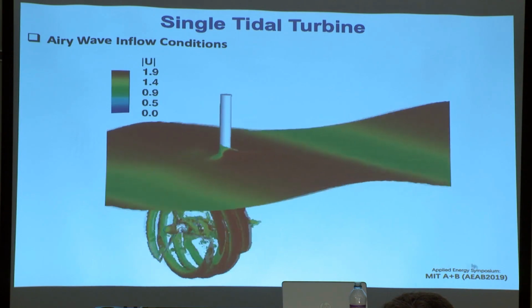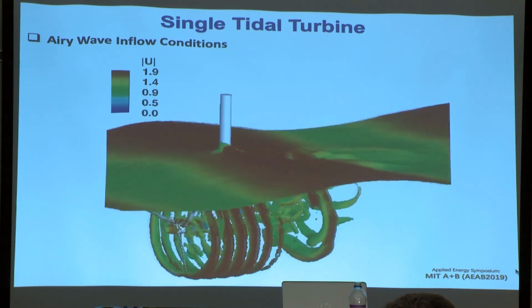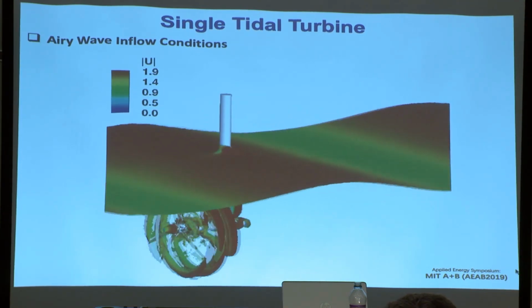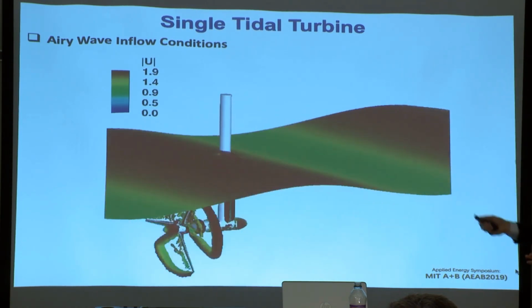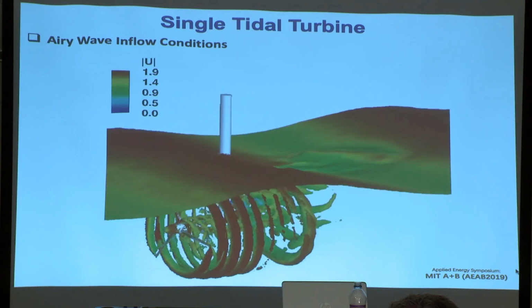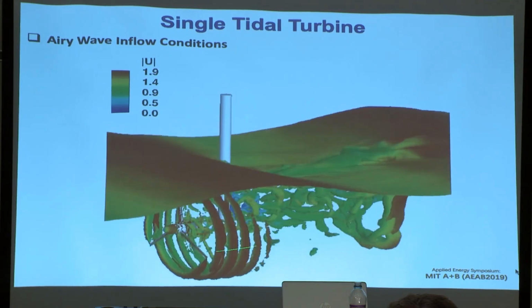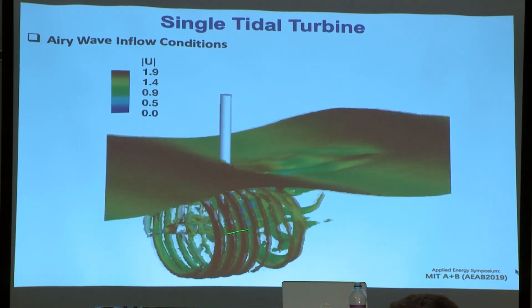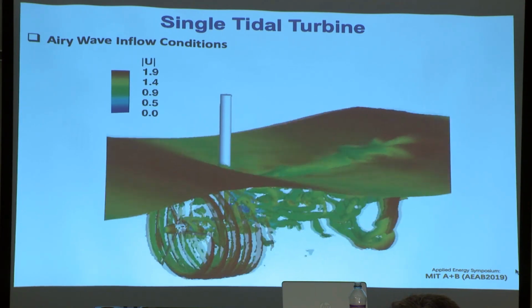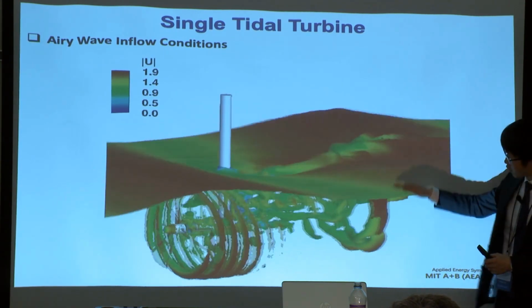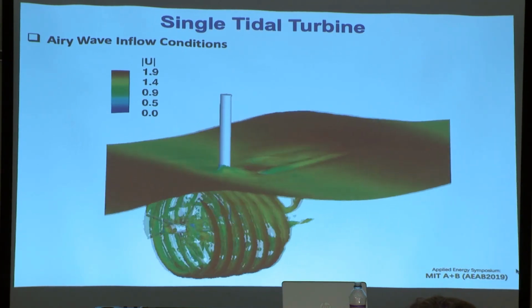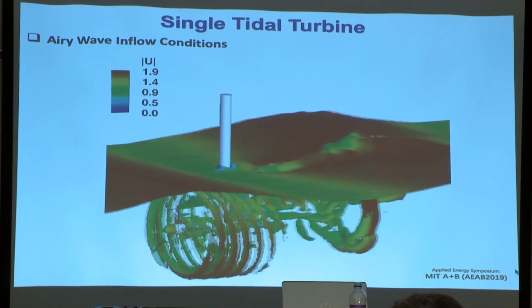And of course, instead of uniform inflow condition, you can put in some waves. So this is a free surface simulation of this tidal turbine subject to an Airy wave inflow condition. You can see in this case the flow behavior is much more complicated. You see a lot of tip vortices generated by the rotation of the rotor, and you also see the strong interaction between the free surface and the tip vorticity.